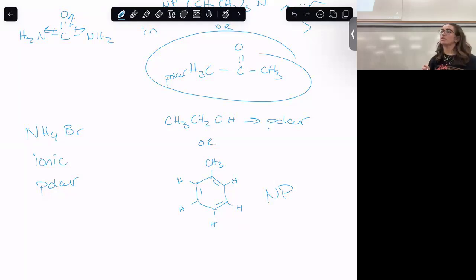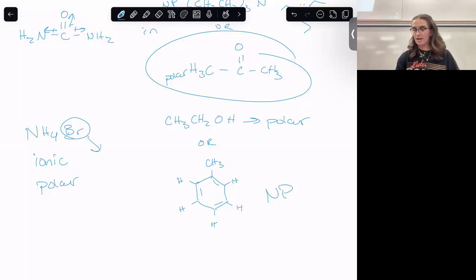Yep. Could you re-explain how it's an ion? Yep. So what is bromine? What charge does that have? So bromine's going to have a -1 because it is a nonmetal. And what is NH4?